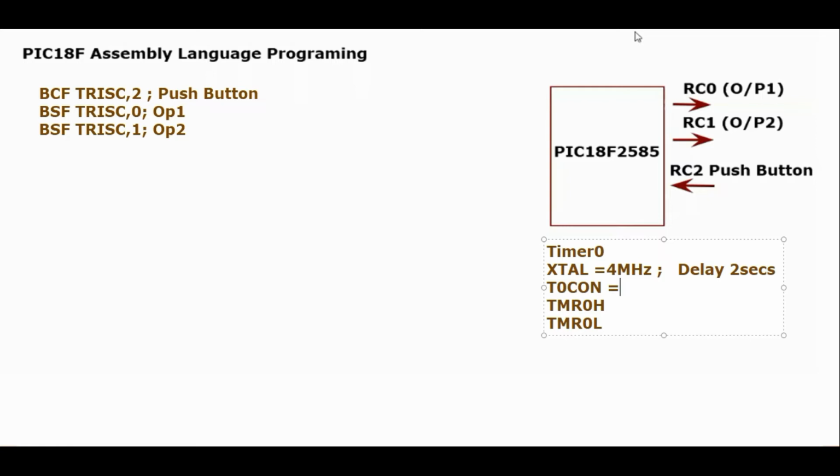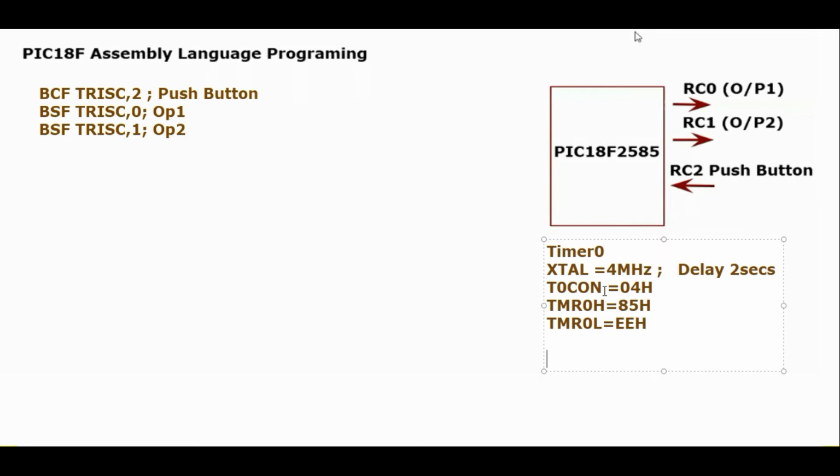The value that we have calculated for Timer 0 control is 04 hex. Similarly, the Timer 0 H value that I've calculated already is 85 hex, and for the Timer 0 lower byte, its value should be EE hex. This is in hexadecimal. Again, I've already made a complete sequence of tutorials on timer configuration. If you haven't followed those tutorials, it is highly recommended that you follow them so that you can be aware of all the concepts which are important here.